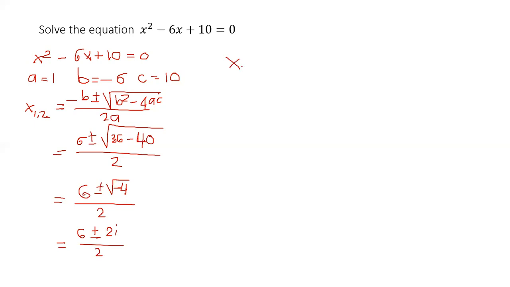So the first x equals 6 plus 2i divided by 2. And if we divide, it becomes 3 plus i, like this. And the second x equals 6 minus 2i over 2, 3 minus i.